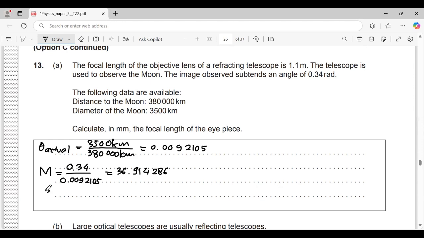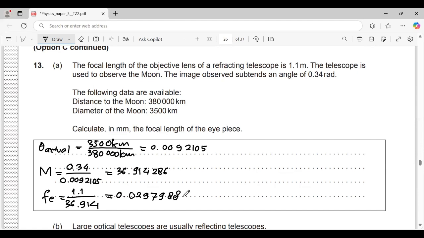And the next step, I'm going to calculate the focal length of the eyepiece. The focal length of the eyepiece is the focal length of the objective lens of the refracting telescope, 1.1 meters, over this magnification, 36.914. And the result is 0.029798.